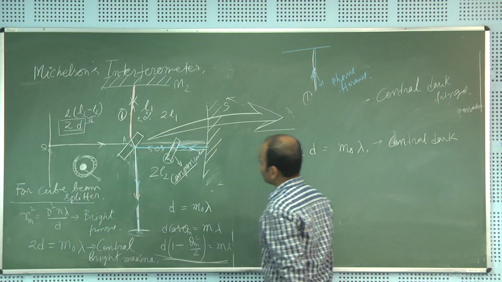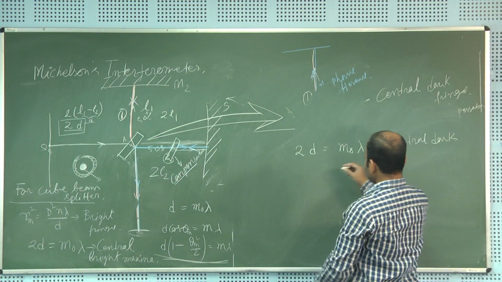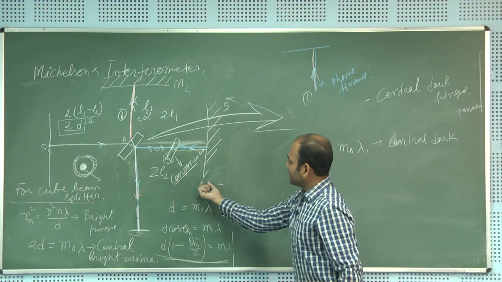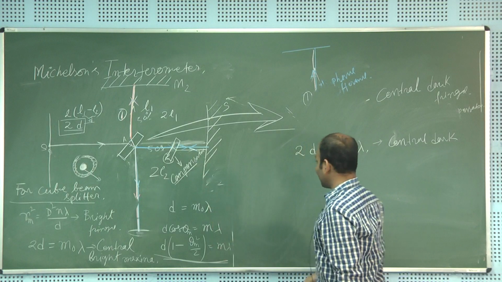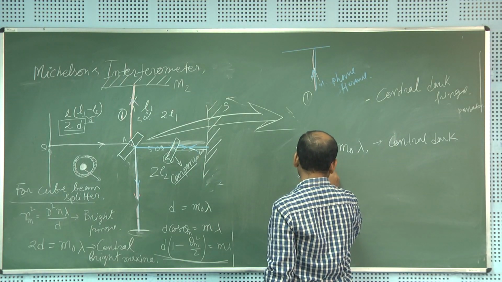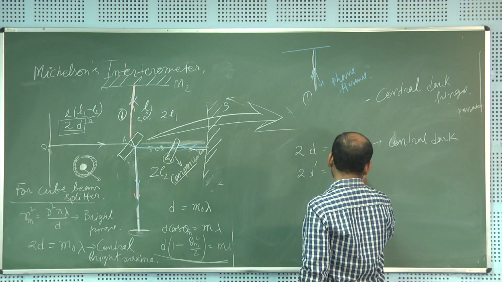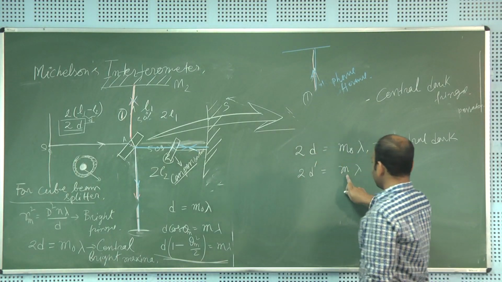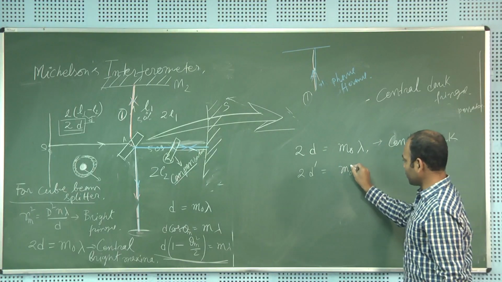Please remember that. So what you can now do is vary the distance of the mirror by the micrometer screw, and you get a different separation 2d prime, and you get a different order of the fringe m0 prime.